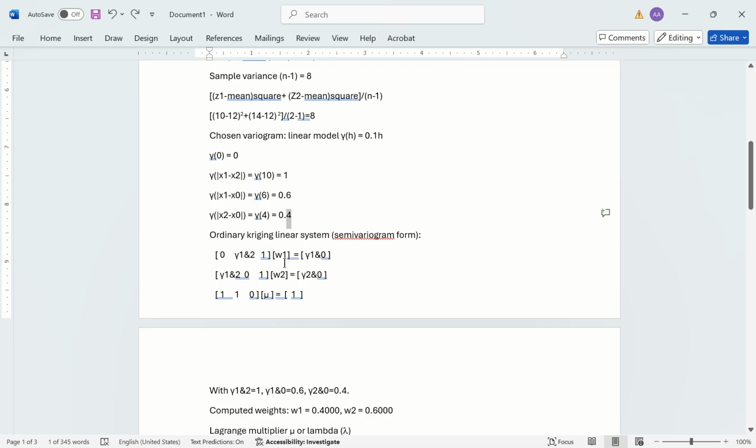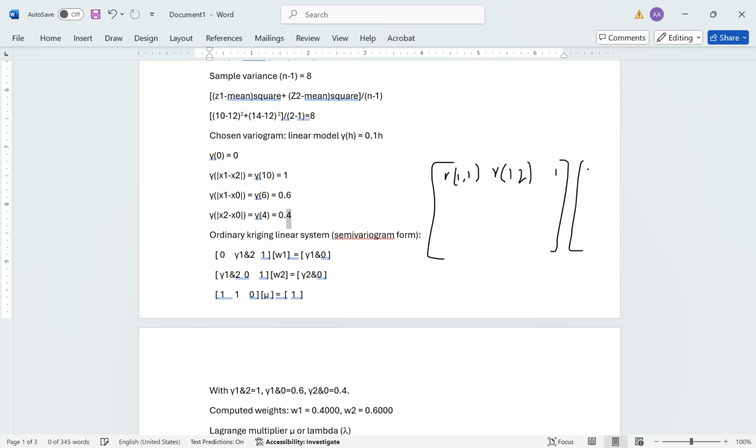So anyways, multiplied by the weights matrix W1, it will be like this: the semivariance of point 1, 1, then the second term, the semivariance of point 1, 2, then the constant of the lambda, which is 1.